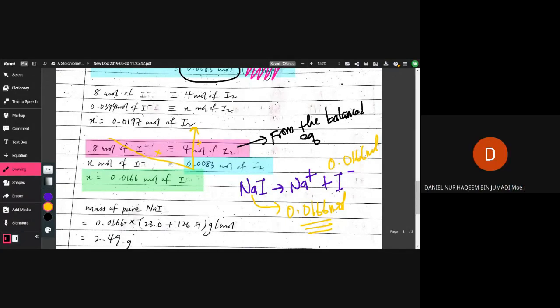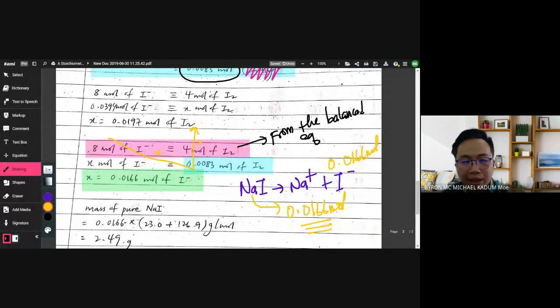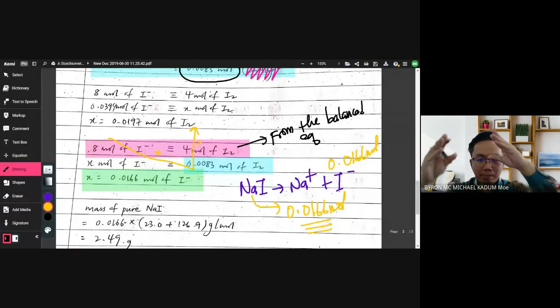Boleh, sir. Jadi dia sama ke sir? Dia punya mol tu. Sama, sebab itu NaI, satu biji NaI itu bila dia terpisah, okey, dia akan hasilkan satu biji I minus, sebiji Na plus. Tapi dalam kes sekarang kita ada berapa mol of I minus? 0.0166, right? Therefore, dia adalah bilangan yang sama untuk NaI juga. Sebab tengok proportion dia punya nisbah tu. Kamu kena tengok pada nisbah dia sekarang.